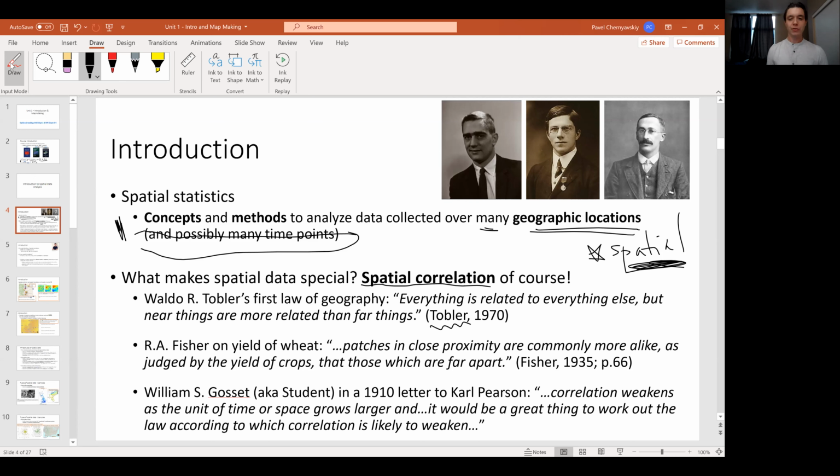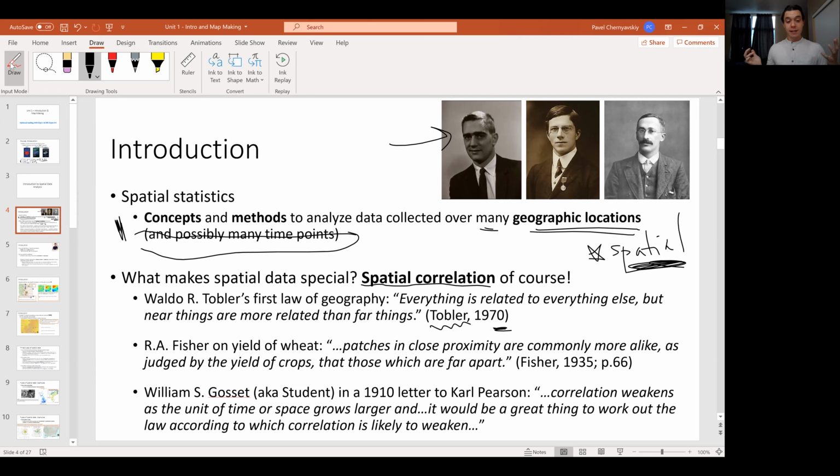So Waldo R. Tobler, he said the first law of geography, 1970, not too long ago. He said everything is related to everything else, but near things are more related than far things. When you're the first to say something, you can get away with having that be the first law of geography.